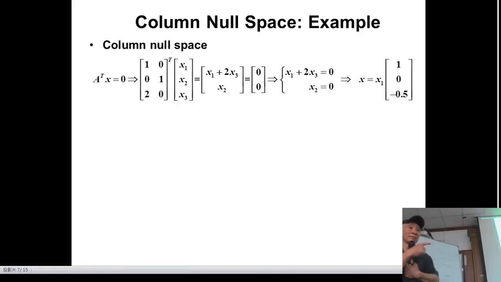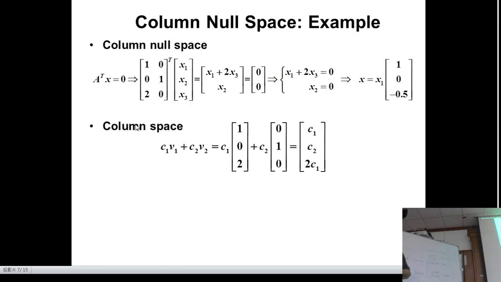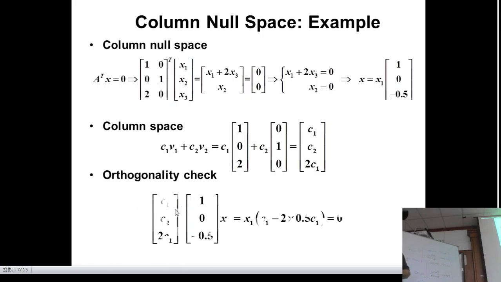So this vector, 1, 0, minus 0.5, is orthogonal to the first column vector and the second column vector.